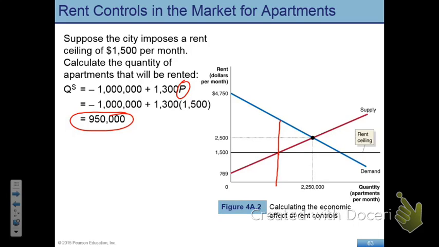So QS, when the government forces the sellers to charge $1,500, is actually 950,000. Do we all see that? So at 1,500 price, the maximum number of housing units our producer will be willing to sell is 950,000, and that's this point on the supply curve.